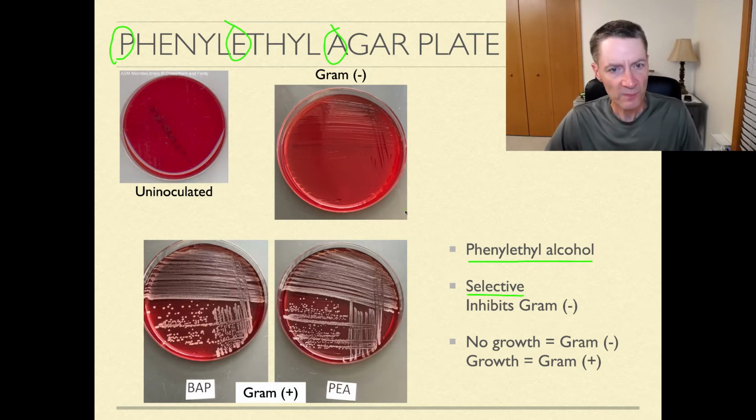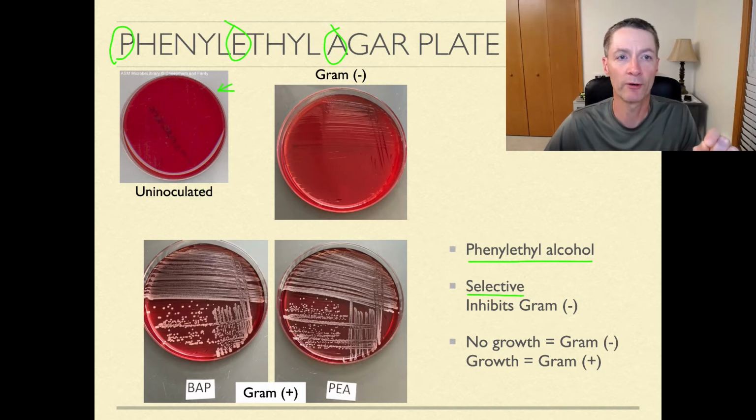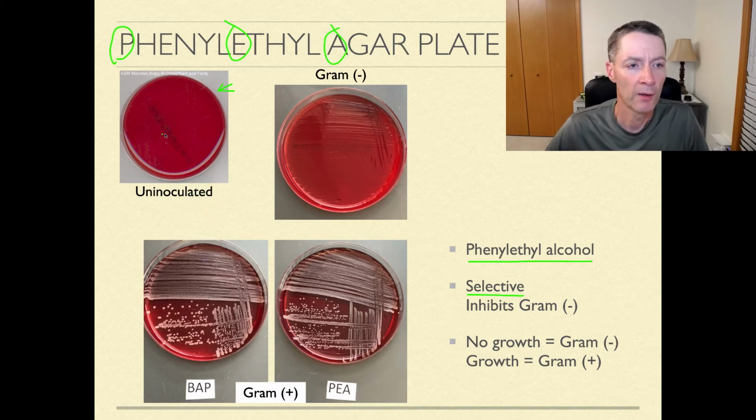Okay? So it's handy to recognize what the plate is going to look like before anything is put on it. So here's an uninoculated plate. In other words, the inoculum, the small sample of bacterium you would place on that plate to do a streak plate maybe. There's nothing on it, right? So it starts out with this dark kind of red color, just like the blood agar plate.